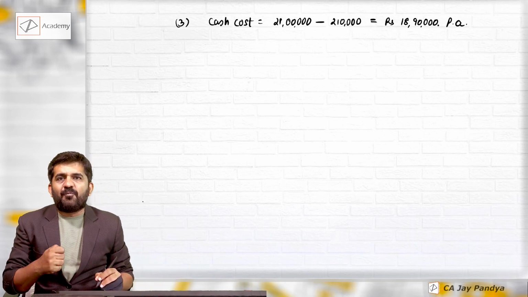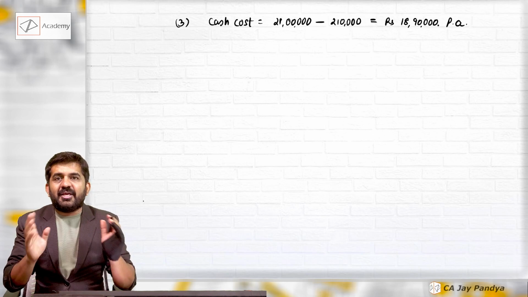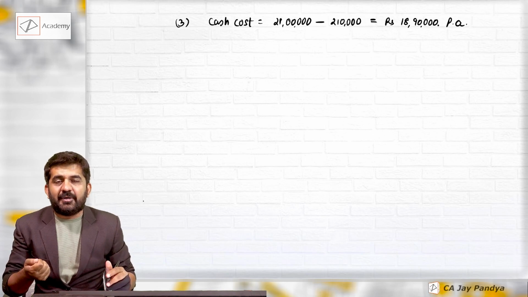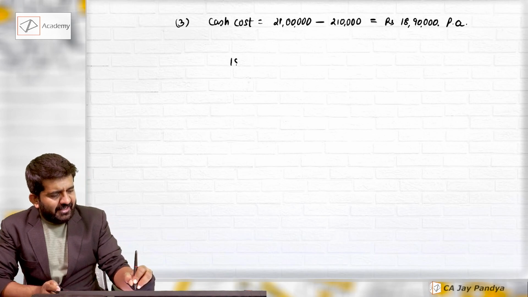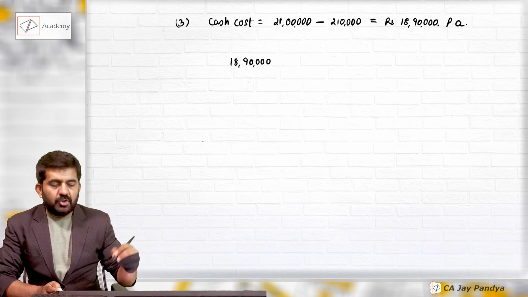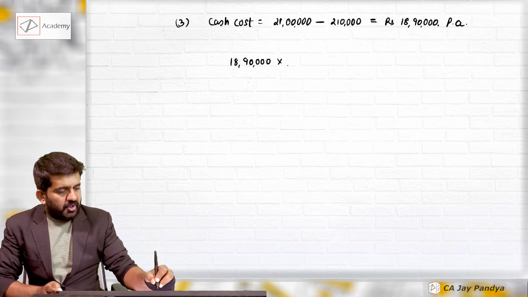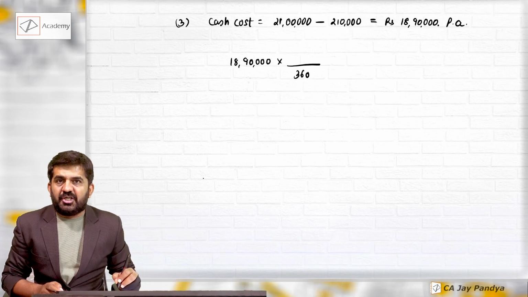I need to find out my working capital requirement. We have done it in introduction. There are three ways in which we can find out working capital. This is a broad approach by which we can directly take cash cost per annum, 18,90,000. What will be per day cost? Divided by 360.